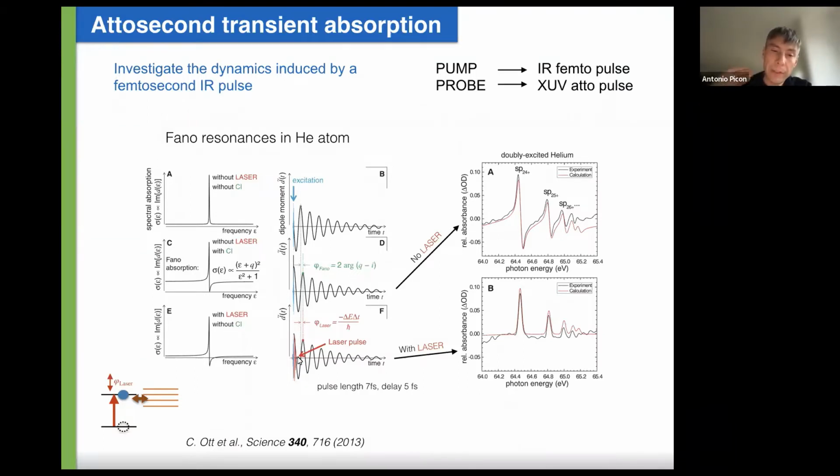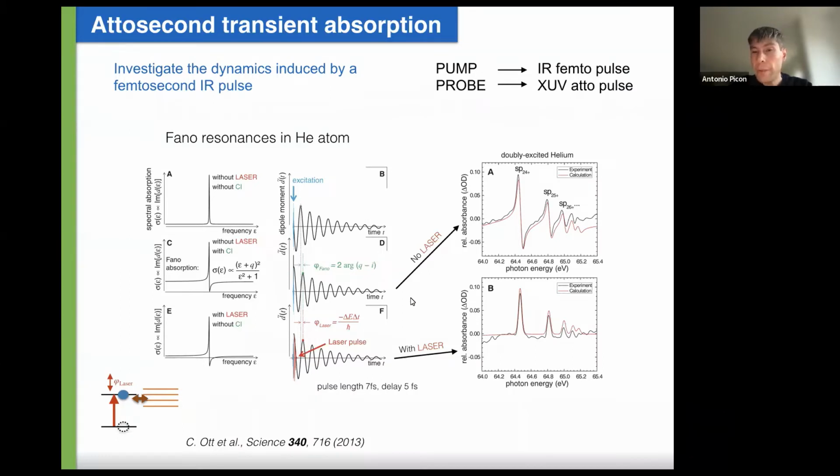So the attosecond pulse already went through the system, and now the infrared pulse is arriving. What the infrared pulse is going to do is introduce an optical Stark shift in the resonant state, and it's also going to introduce a shift in time. And if this is true, we have a similar effect as here. I mean, we can recover something that before was doing the coupling with the continuum, but now we can just induce it by the laser.